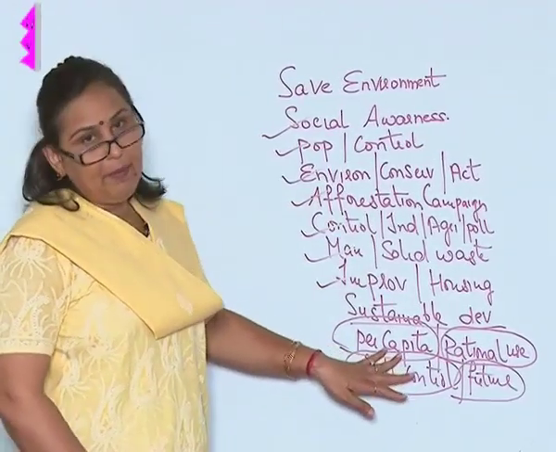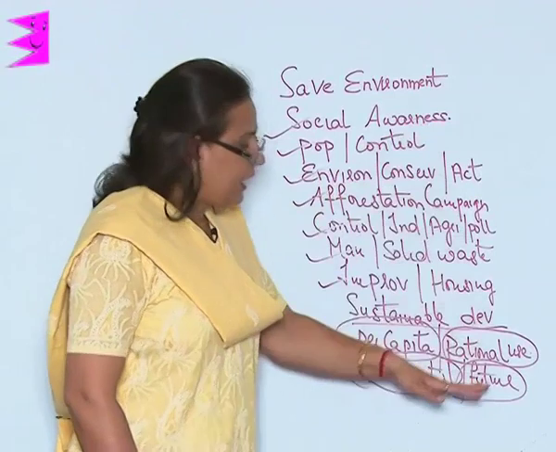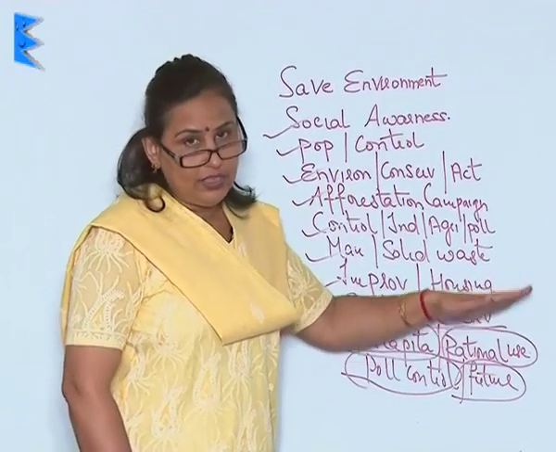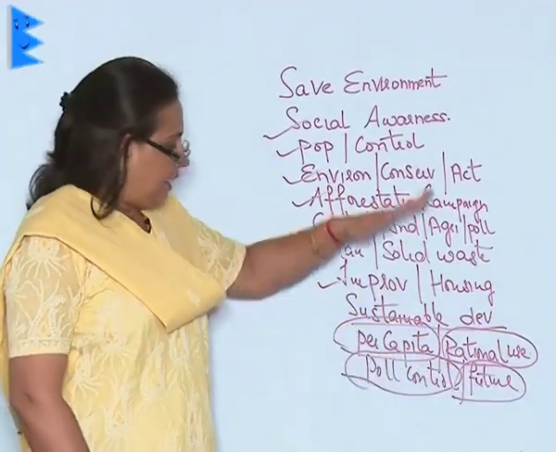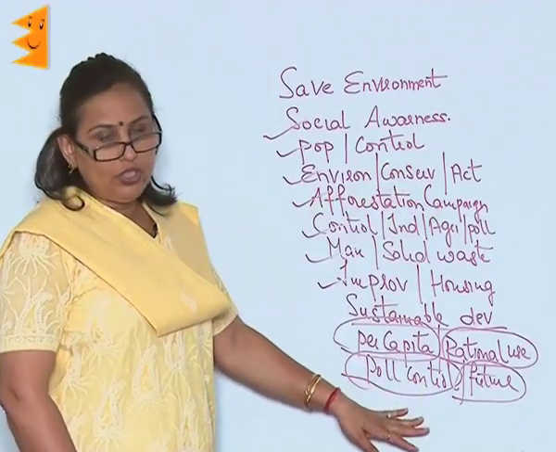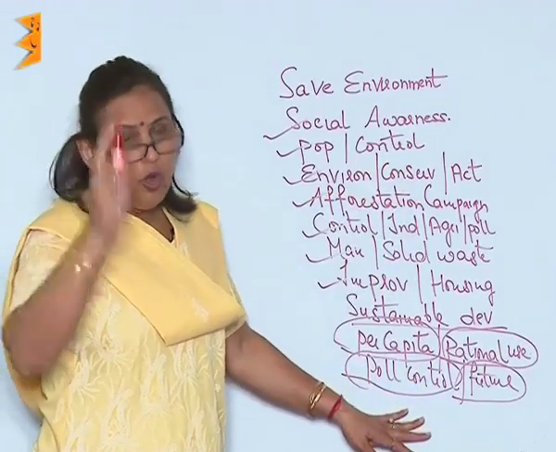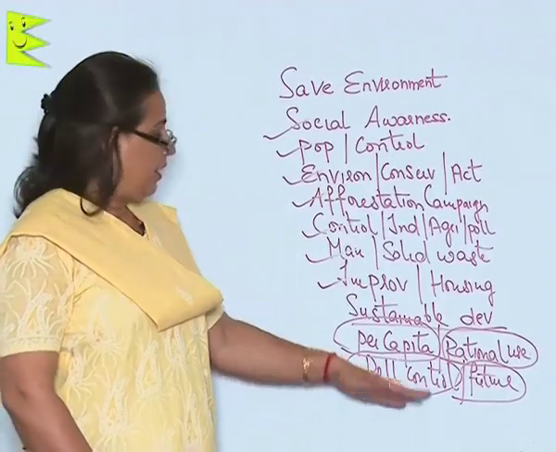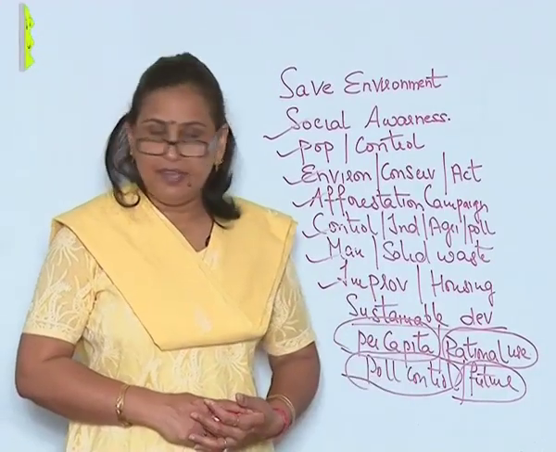Rising per capita income, but using the present day resources in a rational manner, having control over the pollution and having a thought about the future generation is truly sustainable development.